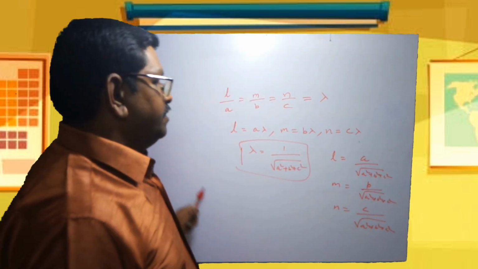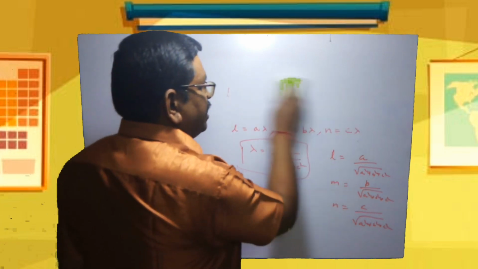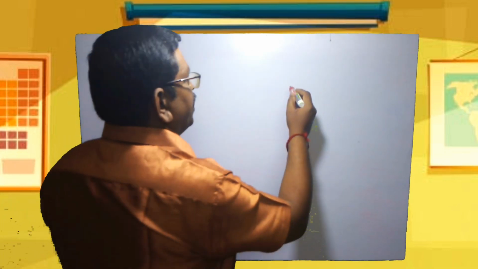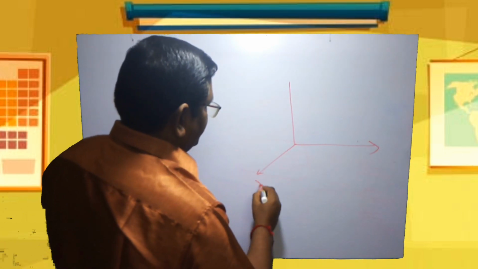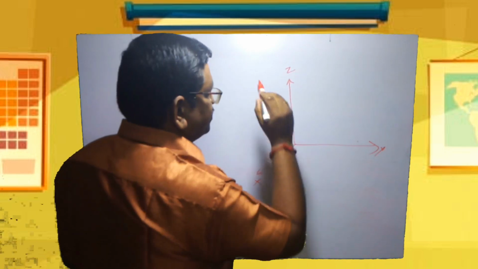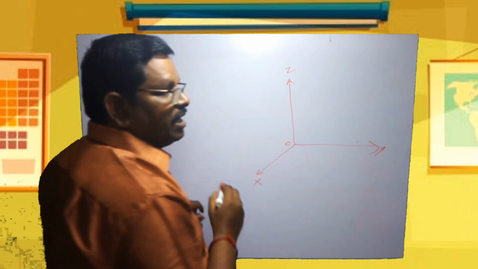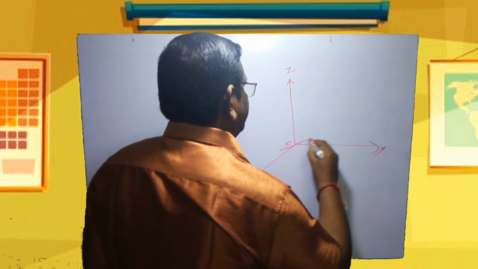We are going to find the formula for finding the angle between two lines. Suppose we take the three-dimensional plane. Say this is the x-axis, y-axis, whereas this is the z-axis, and this is the origin. Let us take two lines passing through the origin.